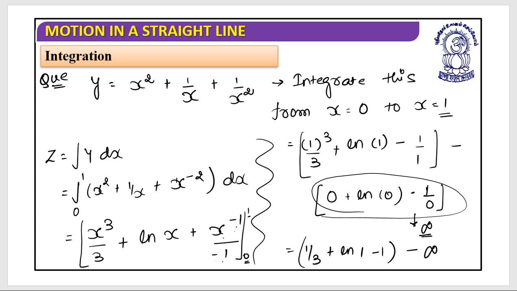Now, any number which is subtracted from infinity is approximately equal to infinity itself. So this comes to infinity. So can you do this kind of problem? This is simply mathematics. We are using these relations so that we can do a certain task in physics very easily.